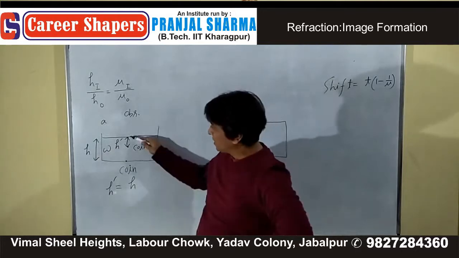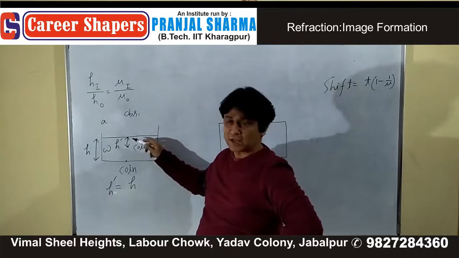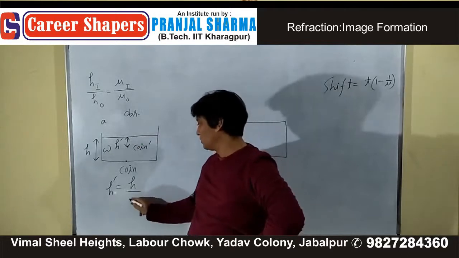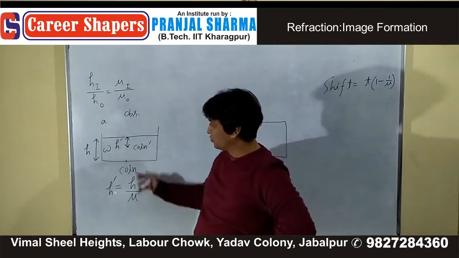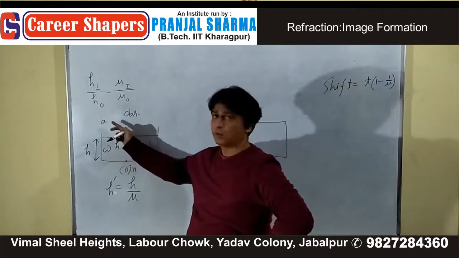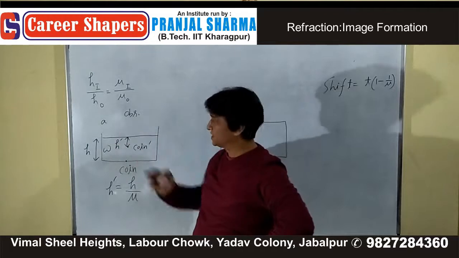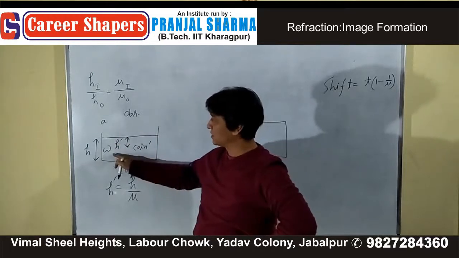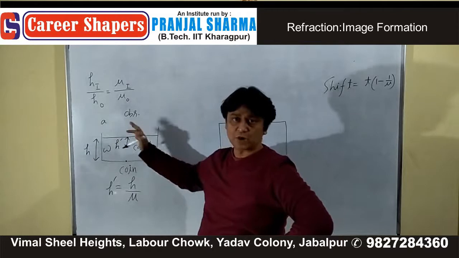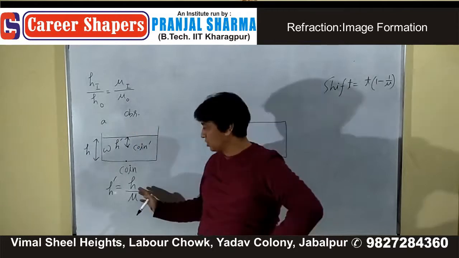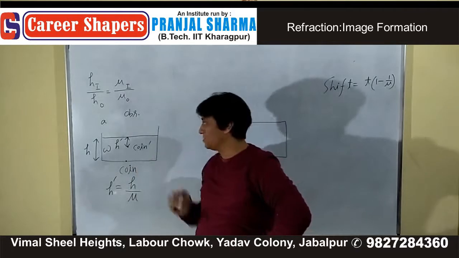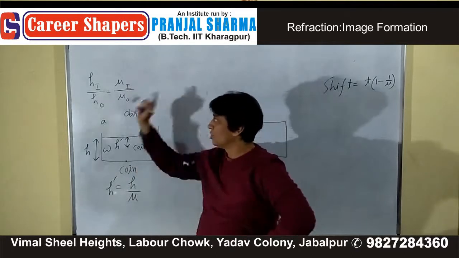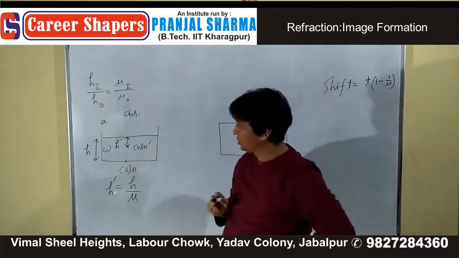But you can see that H dash is less than H, and therefore you must divide it by mu. This mu is refractive index of water with respect to air, or basically refractive index of denser medium with respect to rarer medium. This is what you must know before we go for the second method. You can also use this formula if you wish.